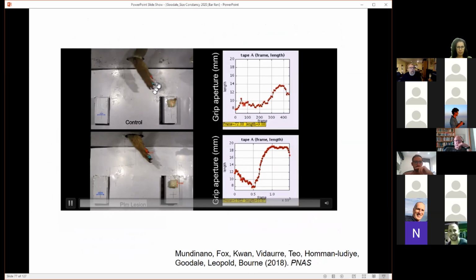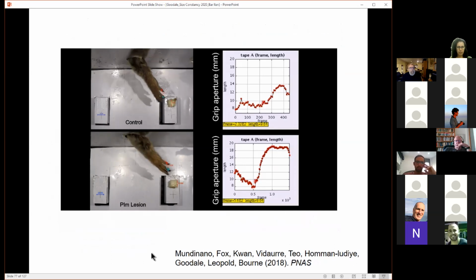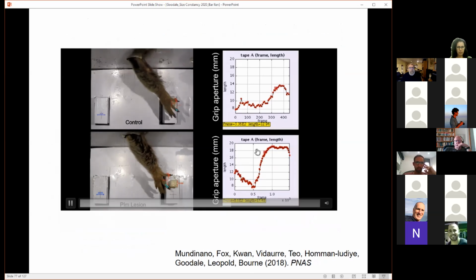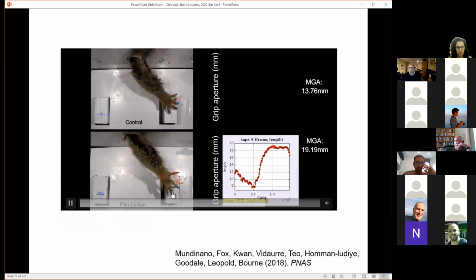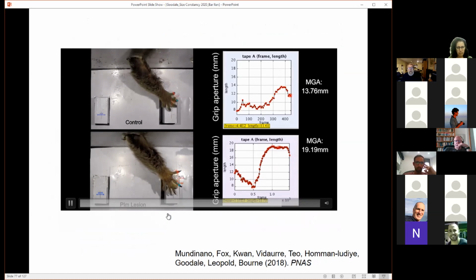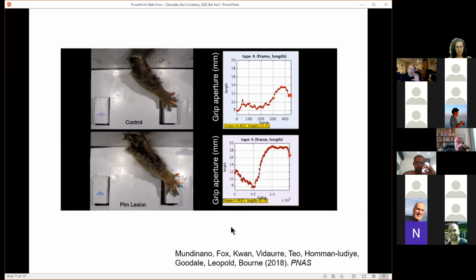Control hand and the lesion hand, different marmosets. But you can see this very wide grasp on the lesion side. The fingers are splayed compared to the control animal. So these are infant monkeys, and clearly the lesions were done when they were infants.